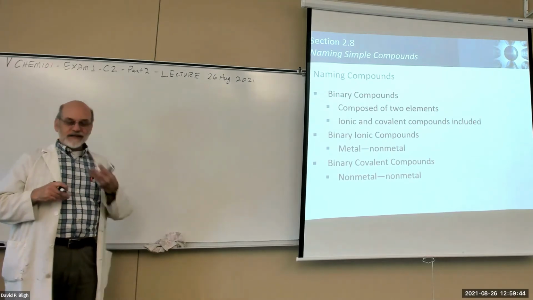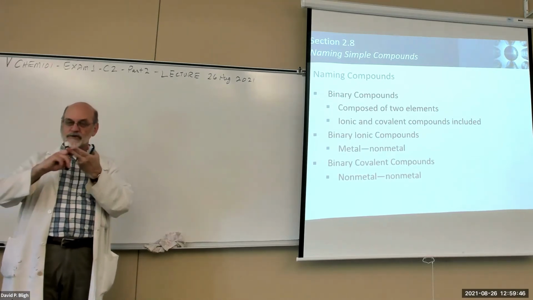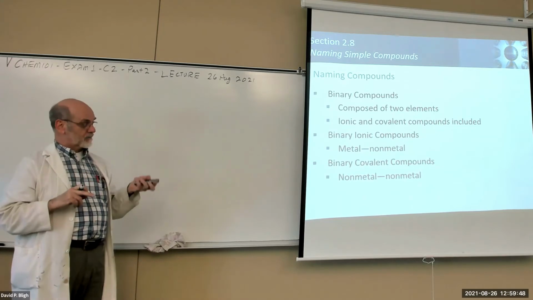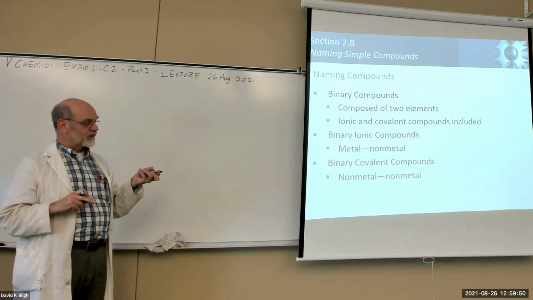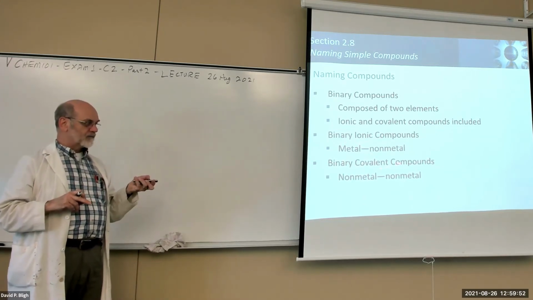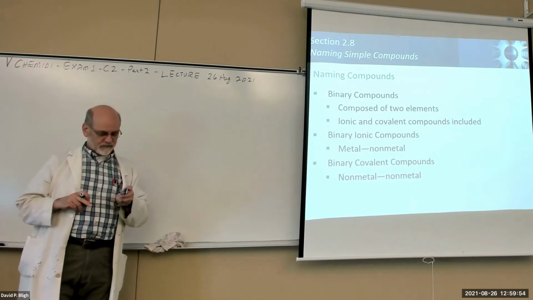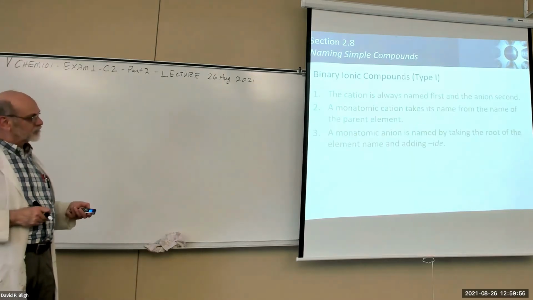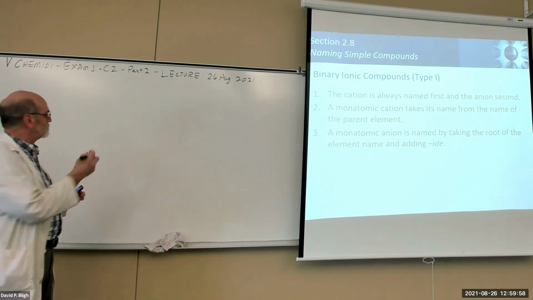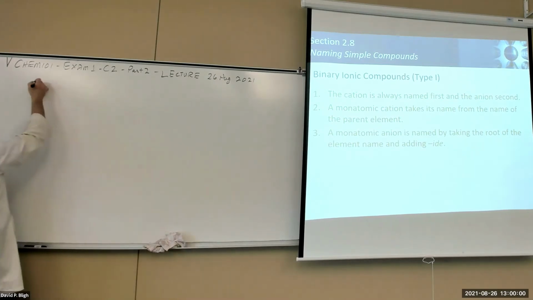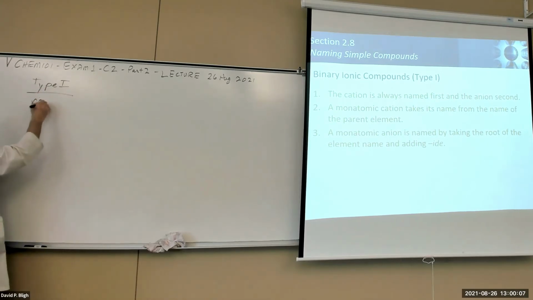So we got 3 types. The first 2 types are ionic. Type 1 and type 2. Type 3 is covalent. So let's get into the meat here. Type 1 compounds are always metals and nonmetals. And the metal has a fixed charge.